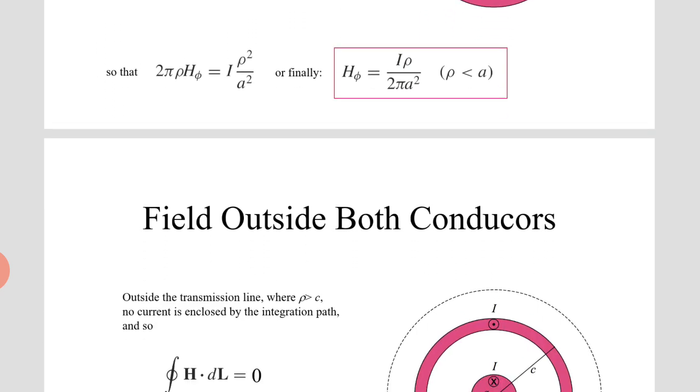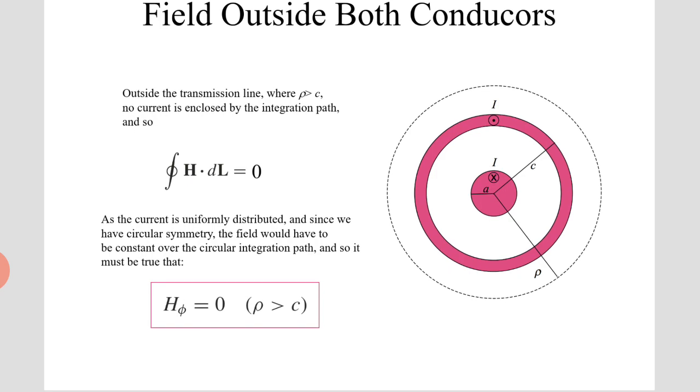Now next, the field outside both conductors. As you can see in the diagram, there is a radius a, radius b and c, and a field point is placed outside the conductor. Outside the transmission line means rho is greater than c. There is no current enclosed by the integration path, so the integral of H dot dl over the closed path will be 0.